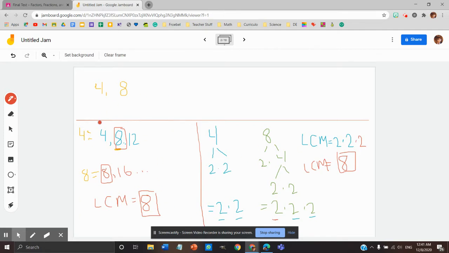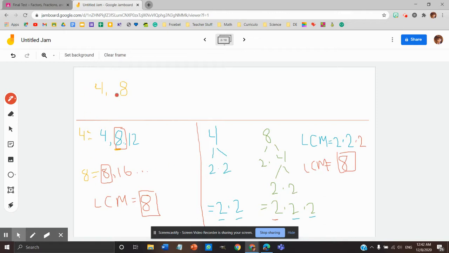So again, you can do it with this method or you can use the other method. It all depends on the numbers that you have. Maybe you have a really, really big number and you don't want to do the whole table of those numbers, or you have numbers that are very odd and they just don't seem to have a least common multiple that is easy for you to find. Therefore, you can use the prime factorization method.